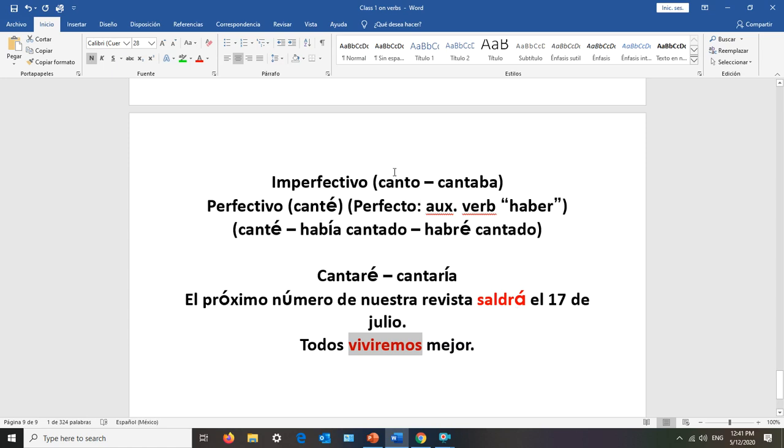But for presente and pretérito imperfecto, we can understand that the association is always with imperfectivo, and with forms such as perfecto simple, pluscuamperfecto y futuro perfecto, the association is always with perfectivo.